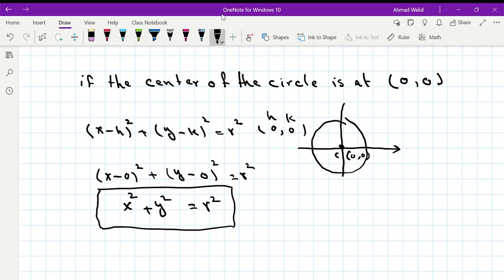This is all about 2.8. And this is the last lecture for chapter 2. Again, after you finish your test, or even before you finish your test, we will start soon with chapter 3, which is about polynomial and rational functions.